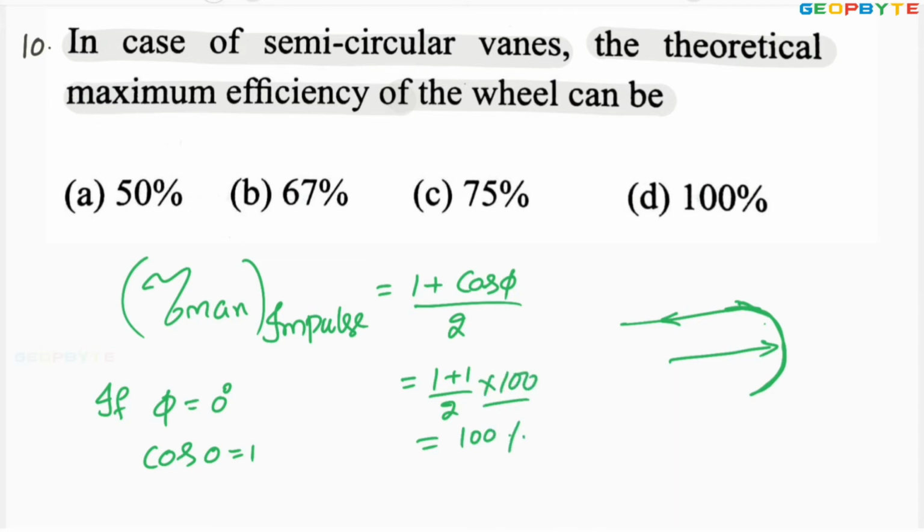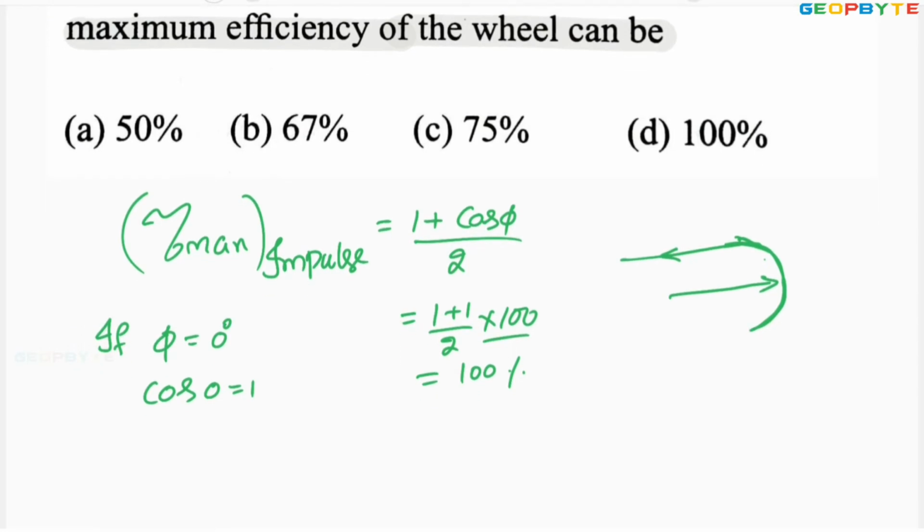So in case of semicircular arc, the water is entering horizontally, leaving horizontally but in the opposite direction. Then maximum efficiency of the impulse turbine equals 1 plus cos phi by 2. Since phi equals 0 in this case, the maximum efficiency of the impulse turbine is 100%. I hope you got my point.